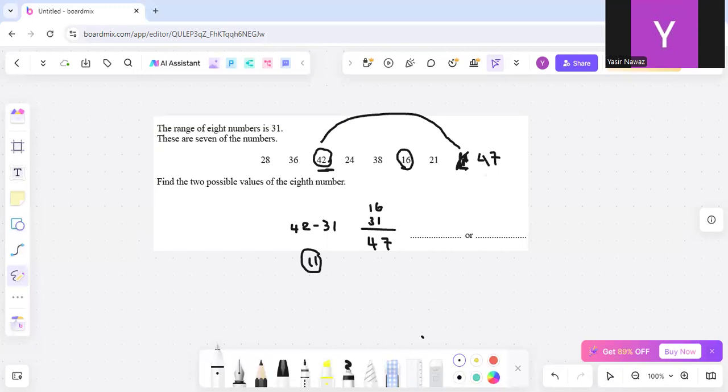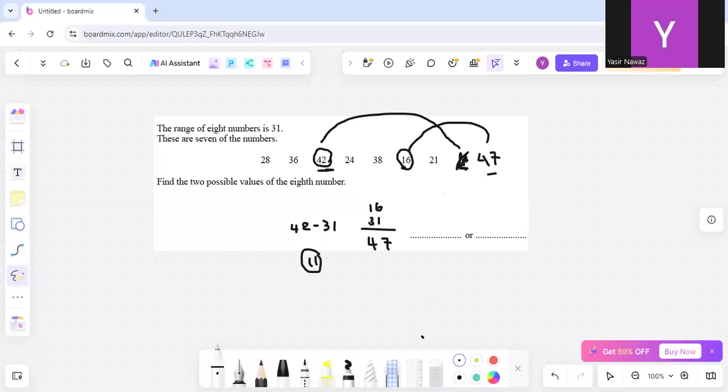Because if the eighth number is 47, then 47 would be the largest number and 16 would be the smallest number. So range will be calculated as the largest number minus the smallest number. So 47 minus 16 would be 31 again.